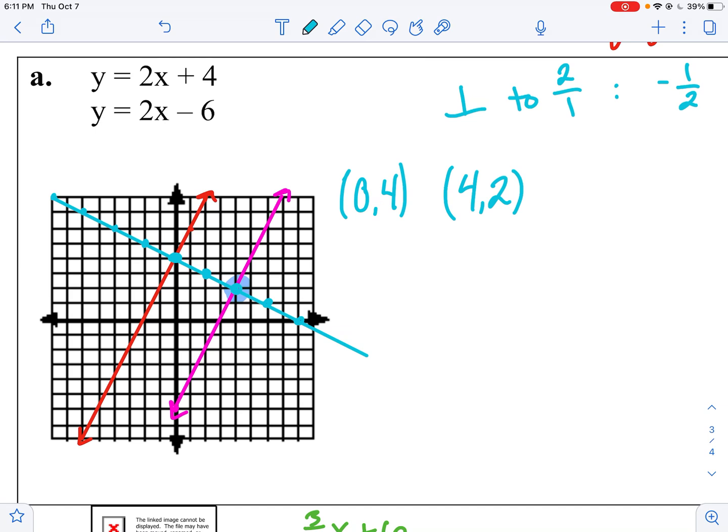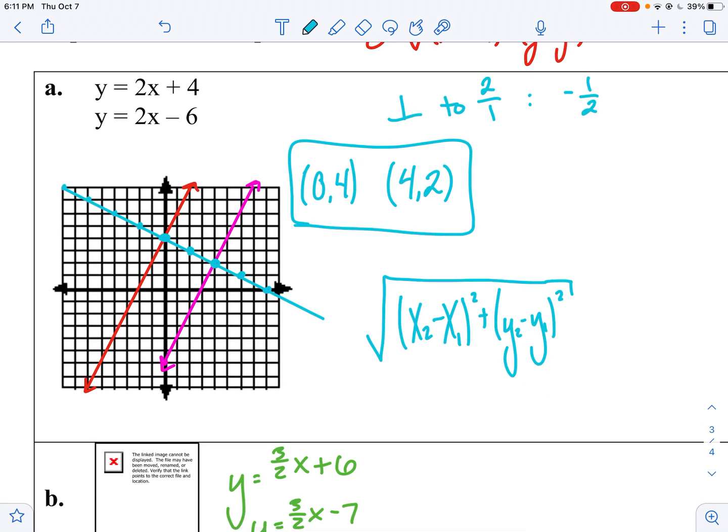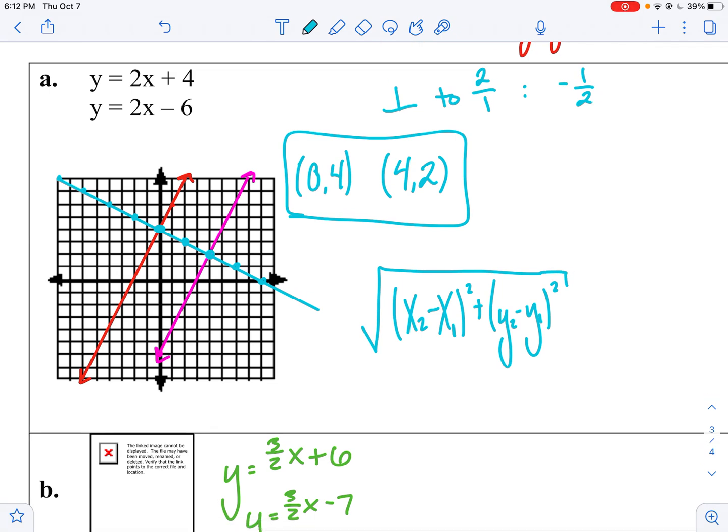So (4, 2). And I want to know what's the distance between these two points, because that is this distance. That's what I'm hoping to find. So then I would use my distance formula of the square root of x2 minus x1 squared plus y2 minus y1 squared. And you end up getting the square root of 4 squared plus 2 squared.